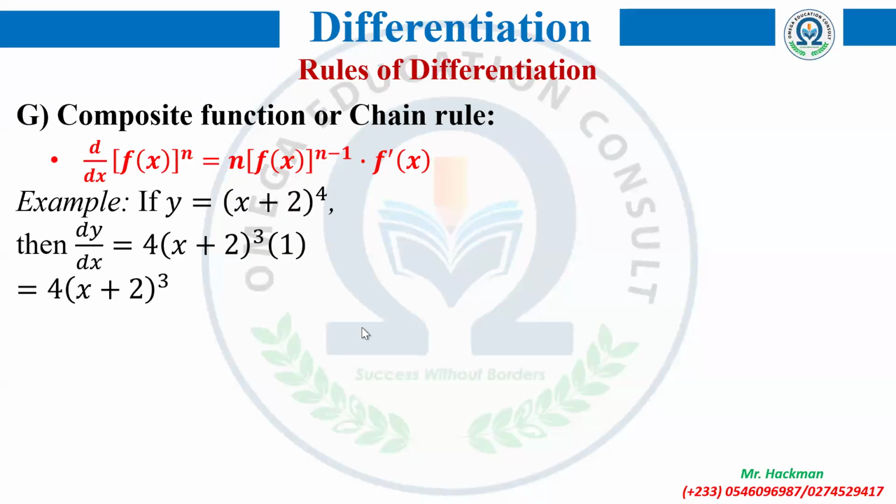Okay, welcome back from the water break. We are done with the quotient rule and also the product rule. We are going to look at possibly our last rule, and for me, I consider this rule the most important of all the rules, in that if you know it, you will be able to differentiate any sort of function.